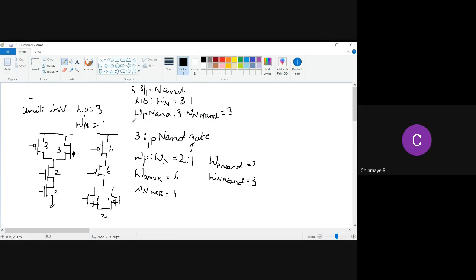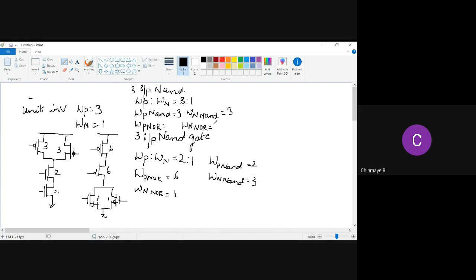Can you tell me what's WP NOR now for 3 input and WN NOR? 9 and 1.